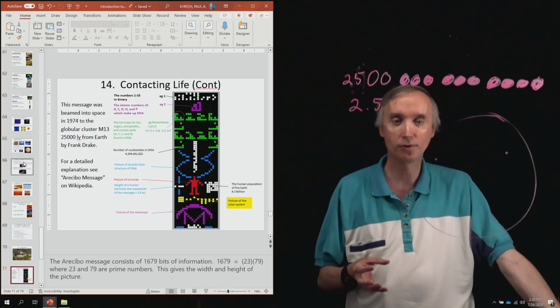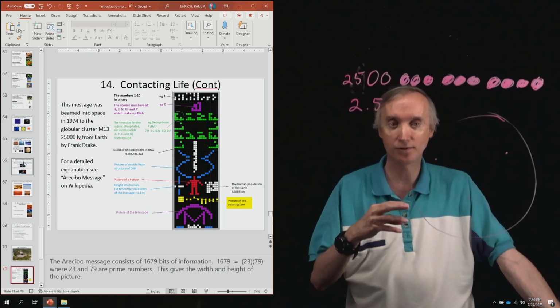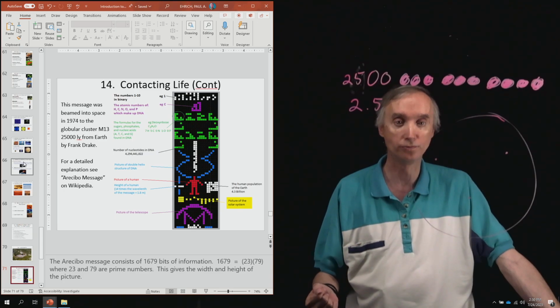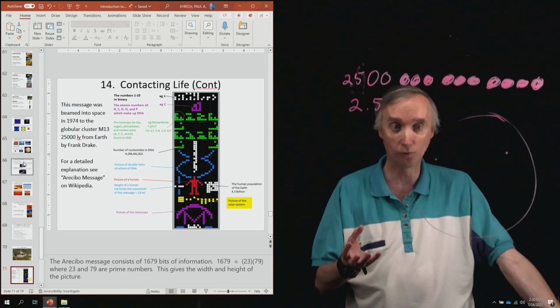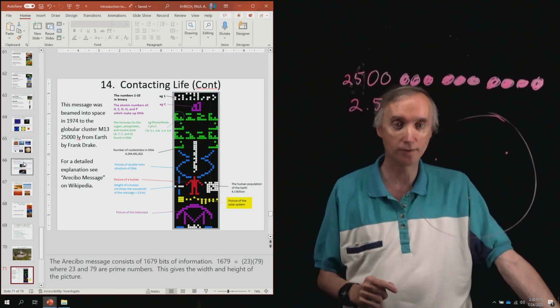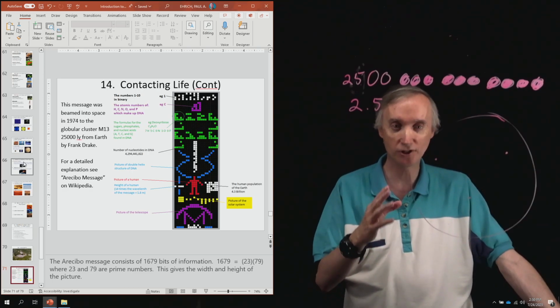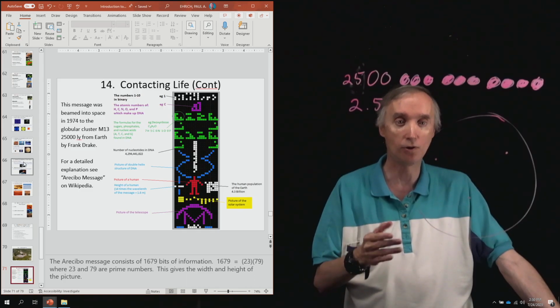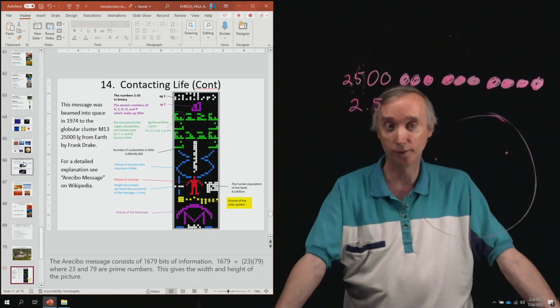So a prime number is a number that you can't divide by any number and get a whole number. For example, 4 is not a prime number because 4 can be divided by 2. But you can't take 23 and divide it by any number and get a whole number. So it's called a prime number.